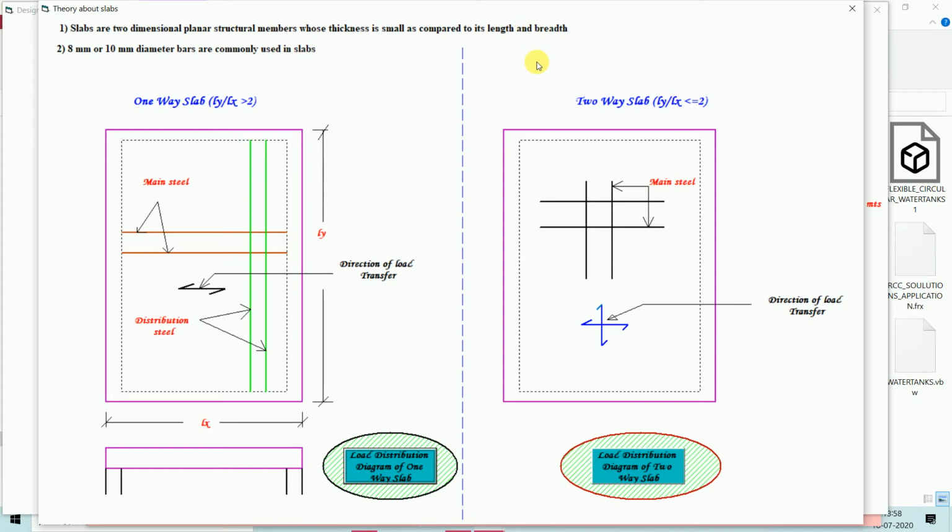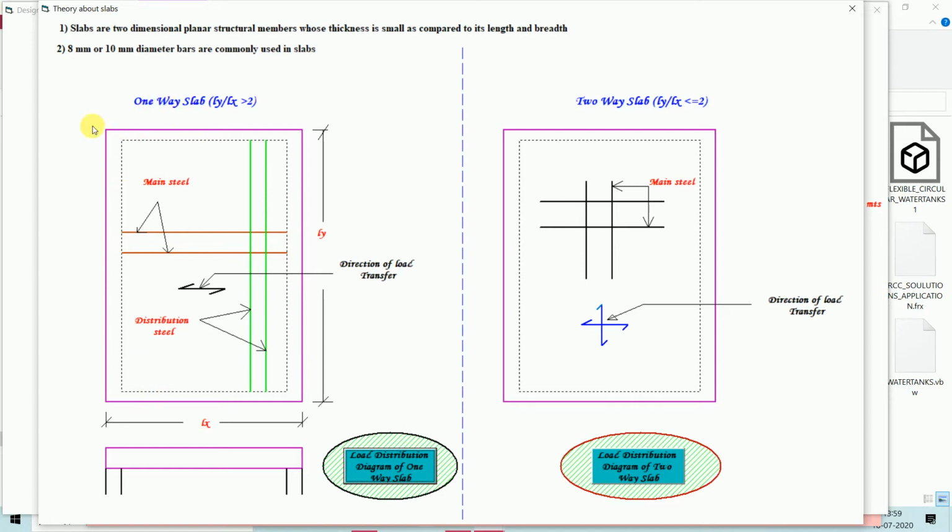Anything whose thickness is very small as compared to its length and breadth is nothing but a shell. A slab is nothing but a type of shell. Commonly, 8 mm or 10 mm diameter bars are used in slabs.